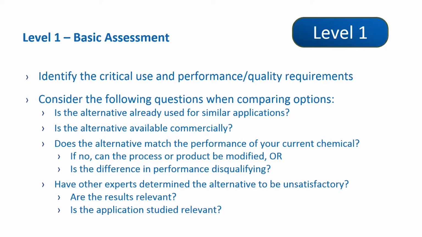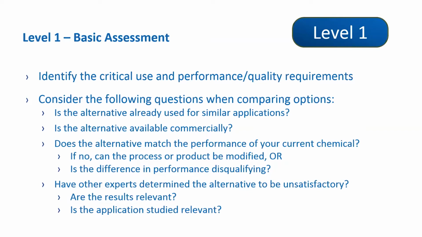Remember to use publicly available data sources such as academic literature, information from vendors or suppliers, government reports, etc. Contacting and talking with representatives from manufacturers, trade associations, and customers who use the chemical or its alternatives is often the best way to obtain this information.